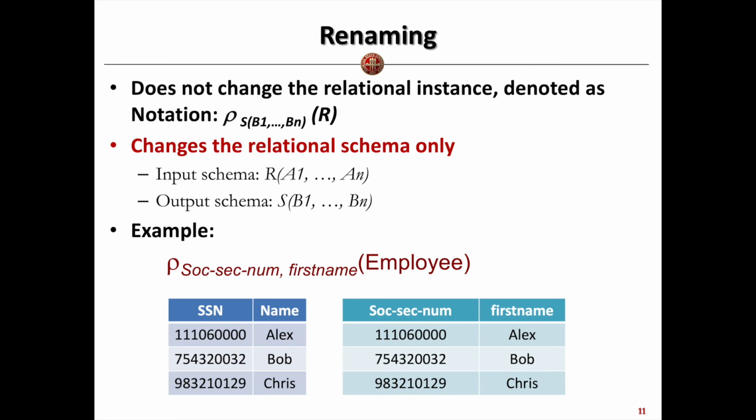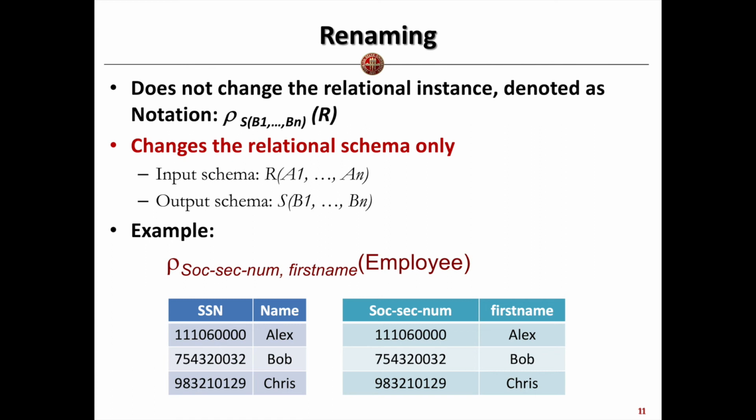Let's assume we're still working on the employee table. For the employee table, we have two attributes, the SSN and the name. However, later on we find that this relation is not very good, and we plan to make some changes to it. Then we can make the changes by using renaming, right?